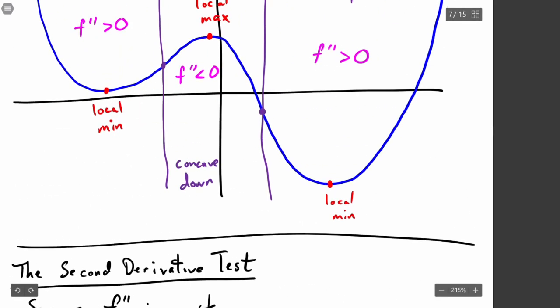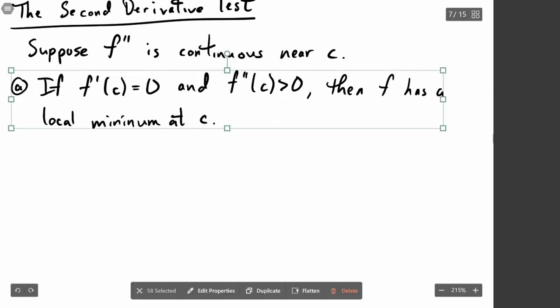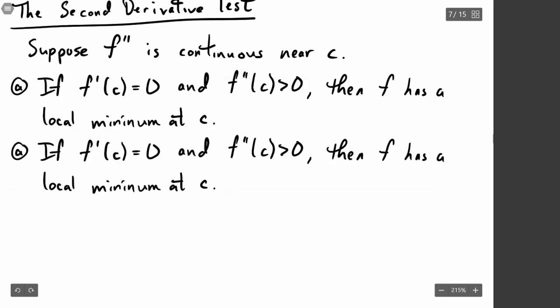That's because you have a critical number that's sitting in a valley. Likewise, if we have a critical number and the second derivative is negative, then f has to have a local maximum.